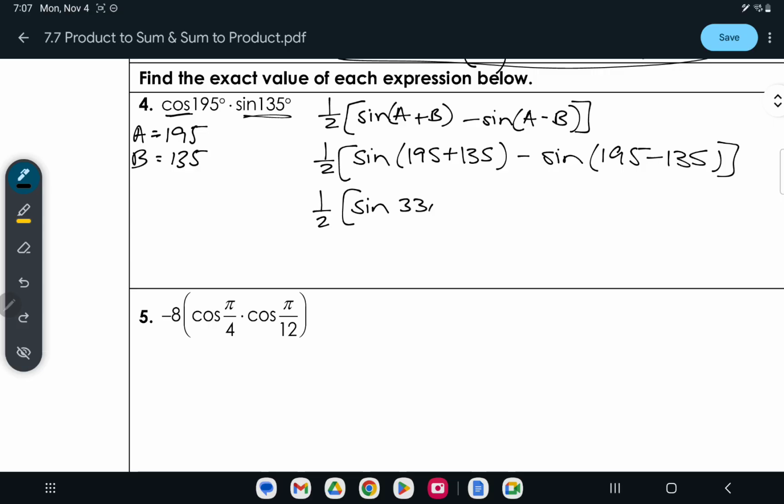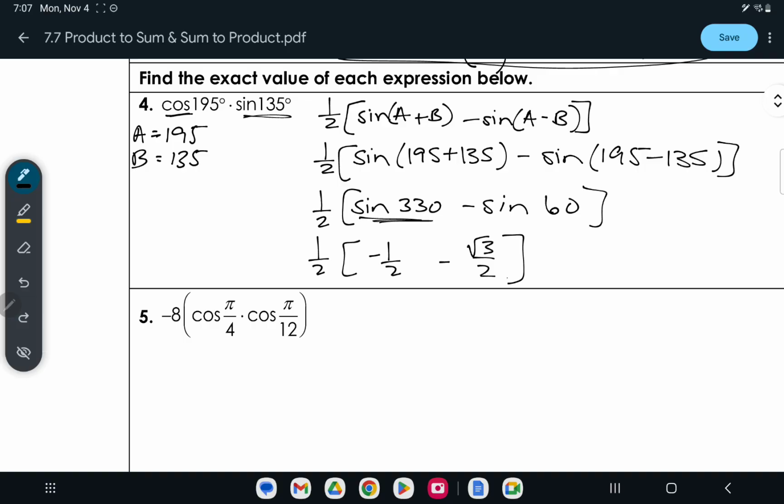That gets me 330. And then 195 minus 135 gives me 60. So now I will just use the unit circle. So sine of 330 is negative 1/2. Sine of 60 is root 3 over 2.